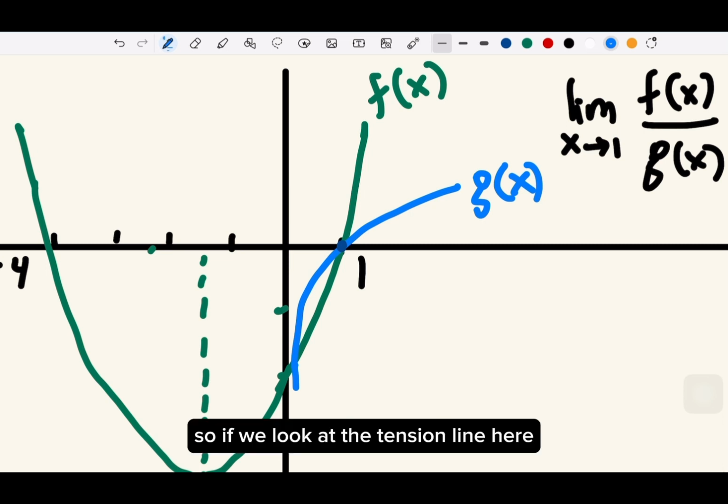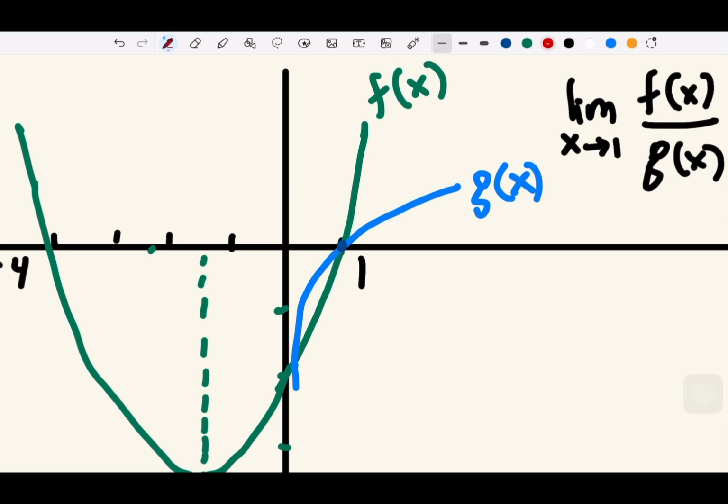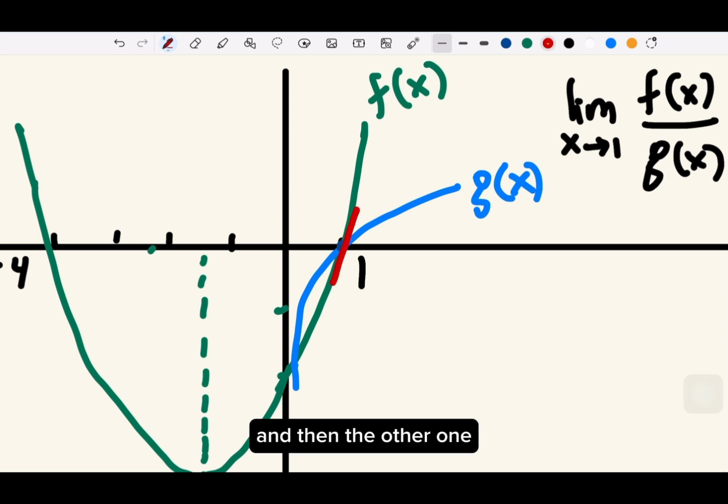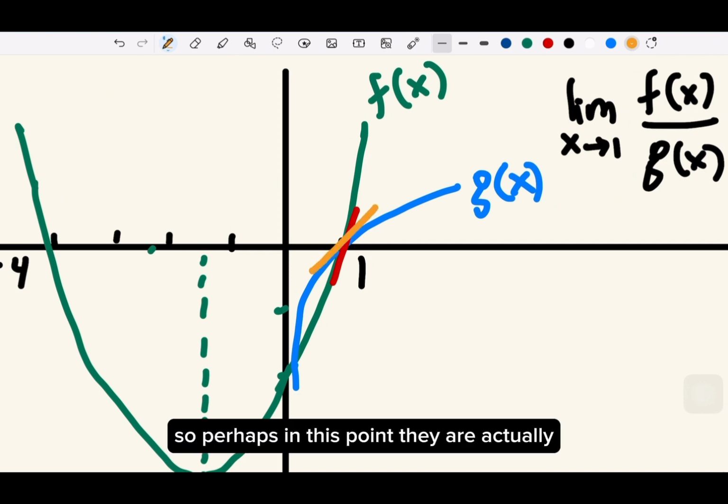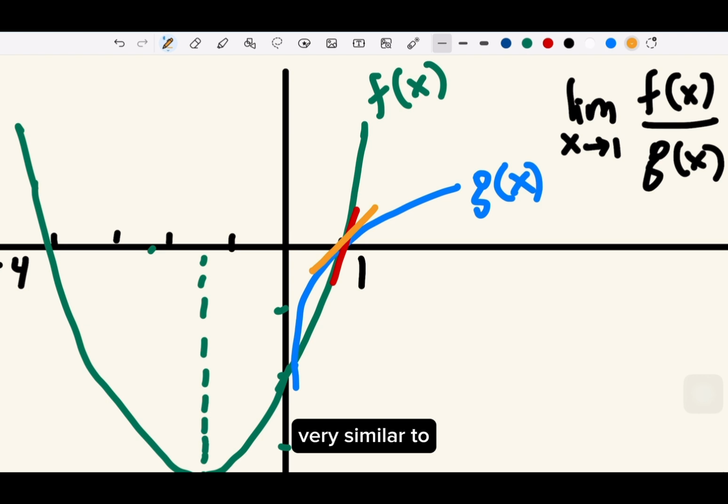So if we look at the tangent line here, let me draw the tangent line, and then the other one. Perhaps at this point, they are actually very similar to the counterpart, right?